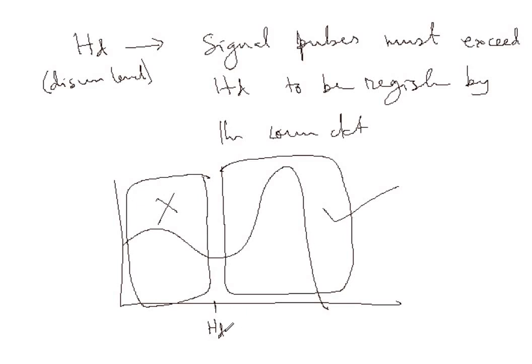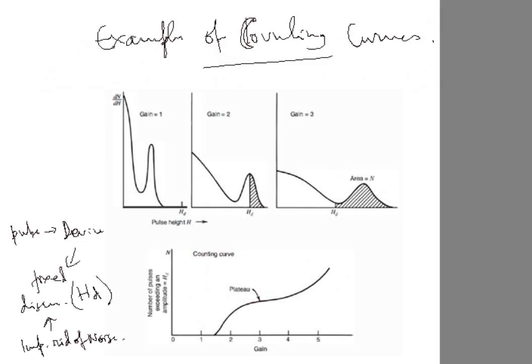But again I can change the HD value as I want. If I move it this way, I will be observing only this part, and I will be getting rid of this.